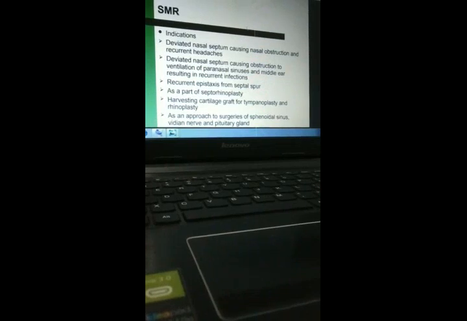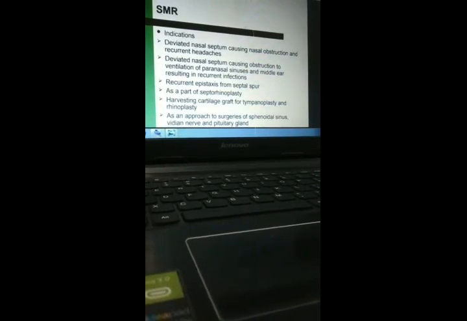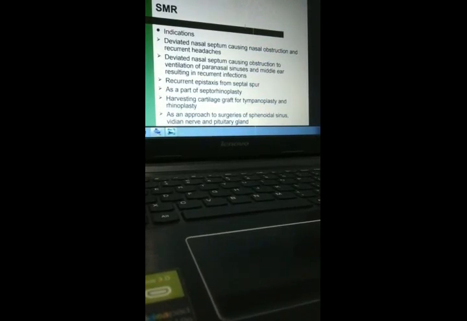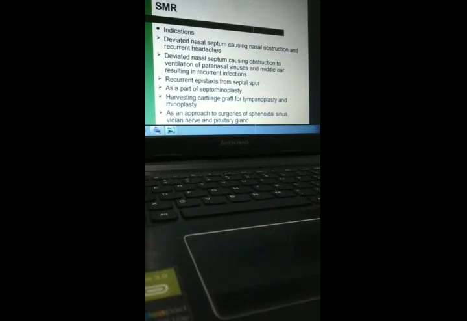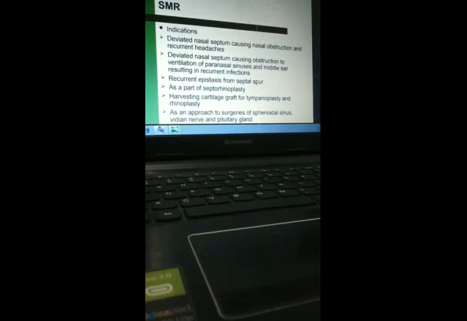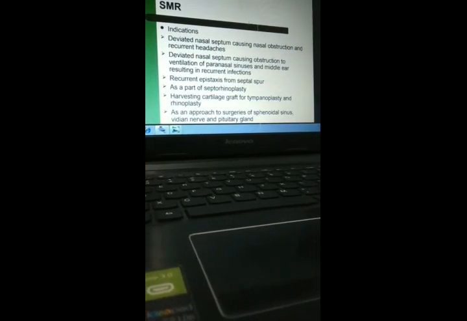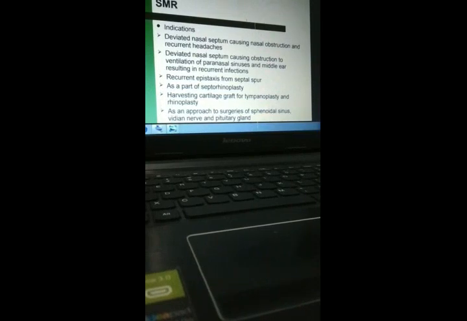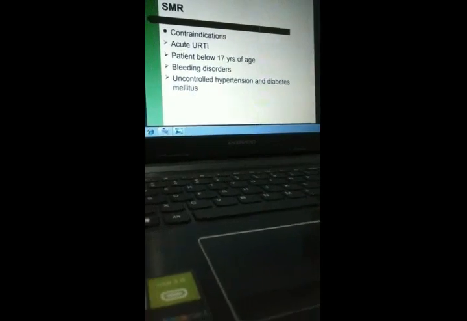Deviated nasal septum causing nasal obstruction and recurrent headaches, deviated nasal septum causing obstruction to ventilation of paranasal sinuses and middle ear, resulting in recurrent infections, recurrent epistaxis from septal spur, as a part of septorhinoplasty, harvesting cartilage graft for tympanoplasty and rhinoplasty, and as an approach to surgeries of sphenoidal sinus, vidian nerve, and pituitary gland.